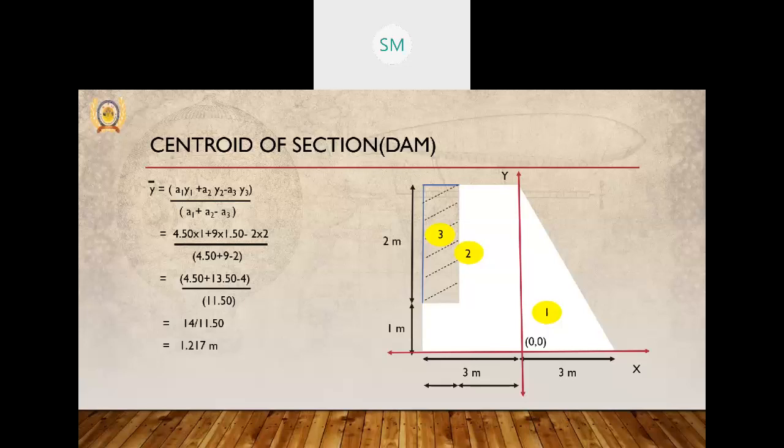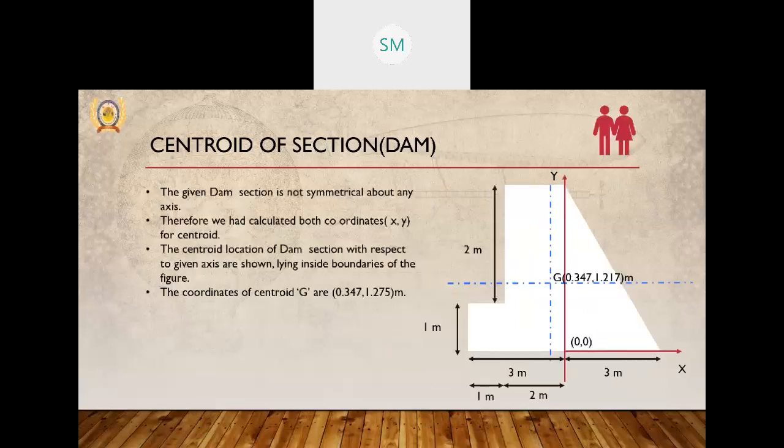Again, putting all those values, we are getting 1.217. It means the centroid will lie in the second quadrant, and the coordinates with reference to the given red colored axes will be minus 0.347 and plus 1.217 meter. This will be the coordinates.